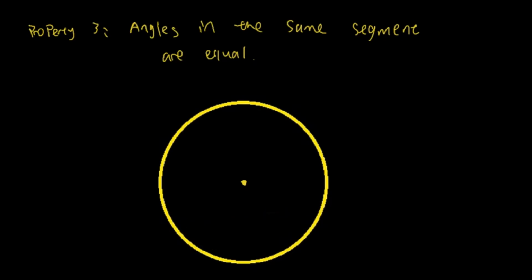Now, let's come to this theorem here. Let's define the segment here for this theorem. I'm going to use magenta. Let me say from this point here, and also this point here, the segment will be here.